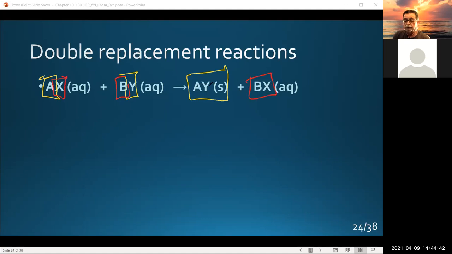Those are the new partners. Now, once you do that, you use the solubility rules to determine whether AY or BX is soluble. In this example, BX is soluble, but AY is insoluble. Therefore, yes, we get a reaction because one of the products is insoluble. If both products are aqueous or soluble, then we get no reaction.